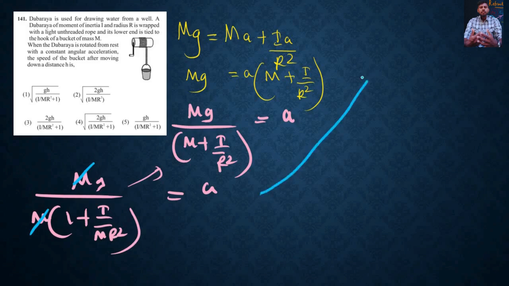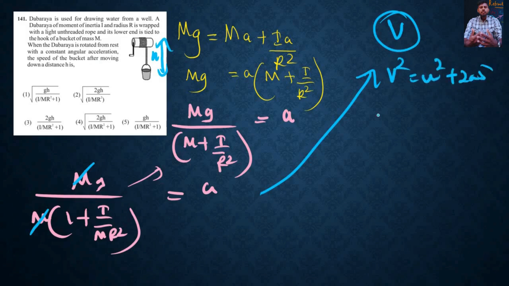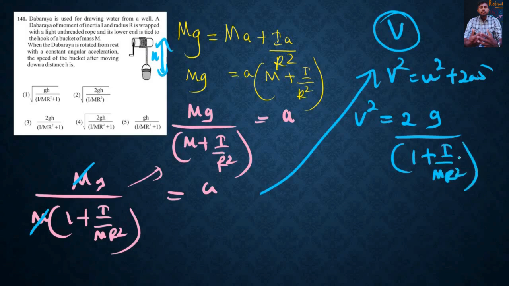Let's apply linear motion equations to find V. So they are telling us it goes down a distance of h, and time is not given. So let's apply the V squared equals U squared plus 2as equation. V squared, that's what we need to find. Initial velocity 0, 2, acceleration we have found now, g over 1 plus I over mr squared, and height h.